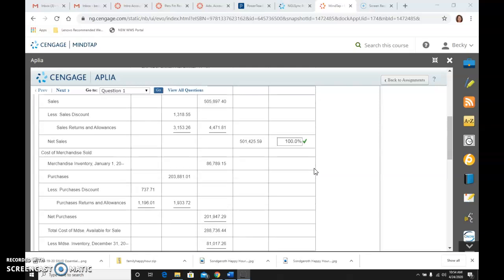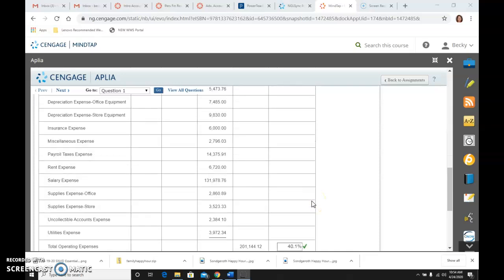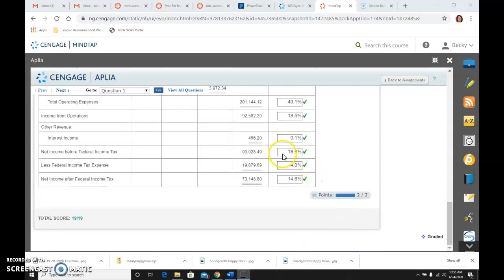And then I should be able to check myself by taking 100% minus 41.4 equals 58.6, and then 58.6 minus 40.1 is 18.5. 18.5 plus 0.1 is 18.6. 18.6 minus 4 is 14.6.